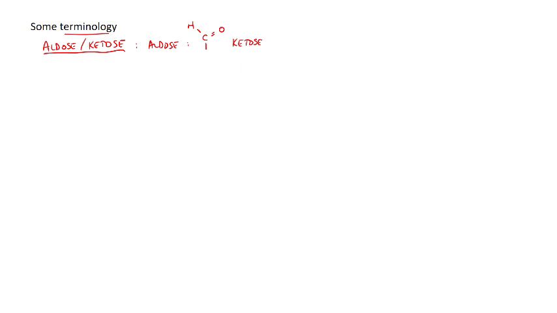A ketose is a ketone, meaning that it has that kind of a group in it. We already saw before hexose, heptose, etc., which is naming sugars by the number of carbons.